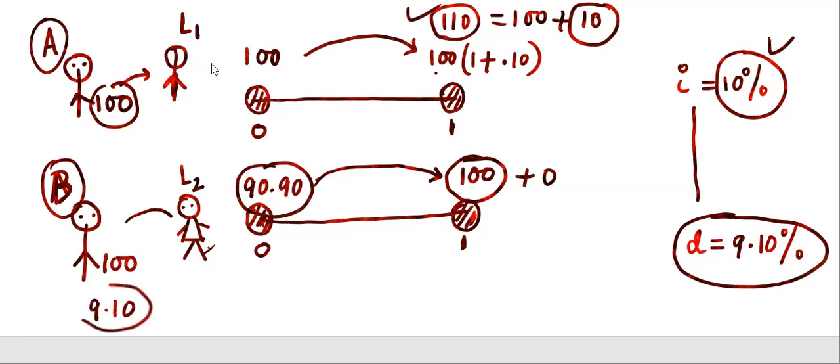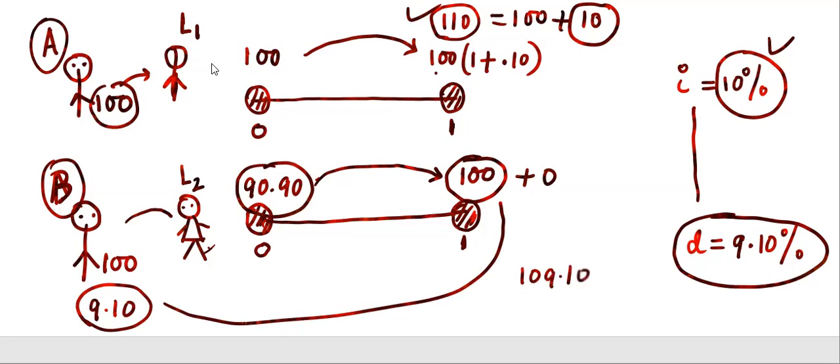So 9.10 is there. And if you add this to 100, you say this guy B got 109.10 and A got 110. So A got something more.